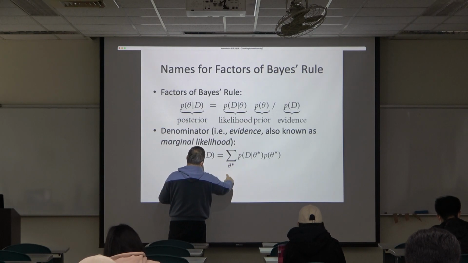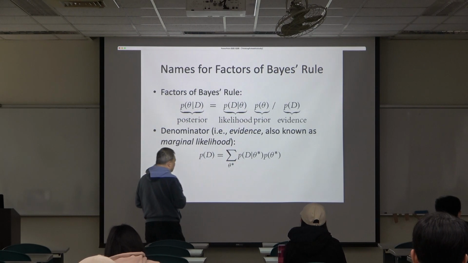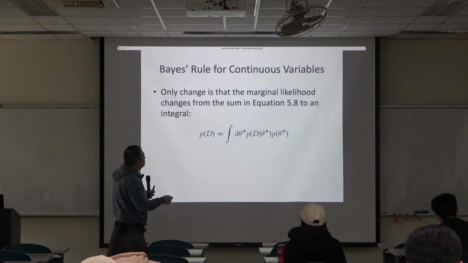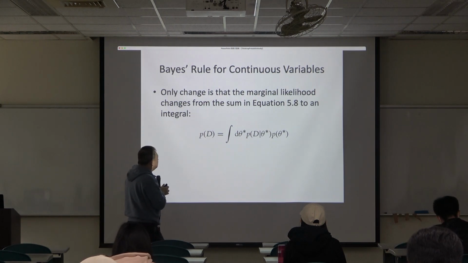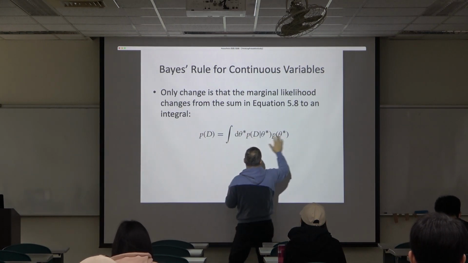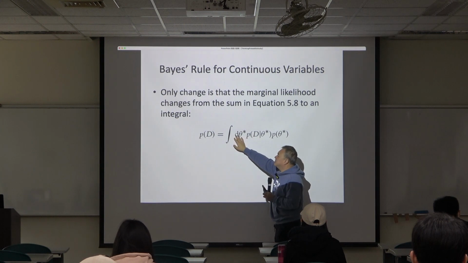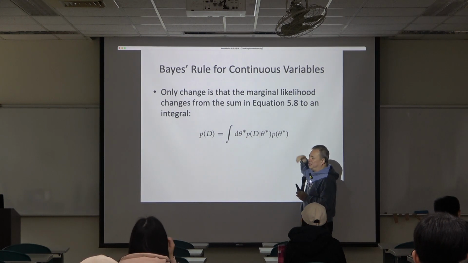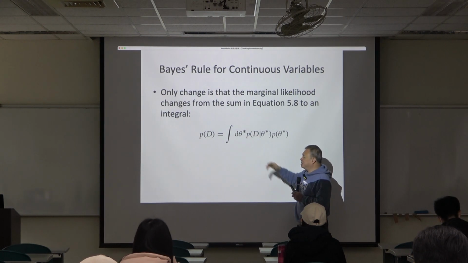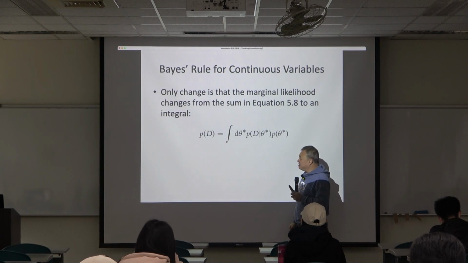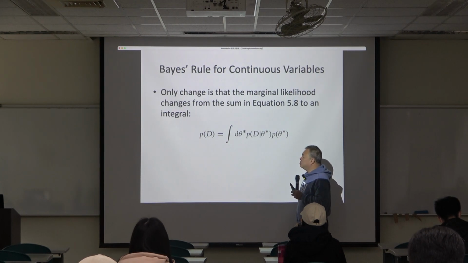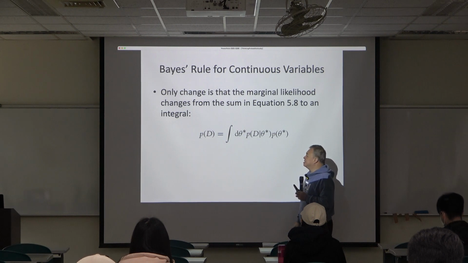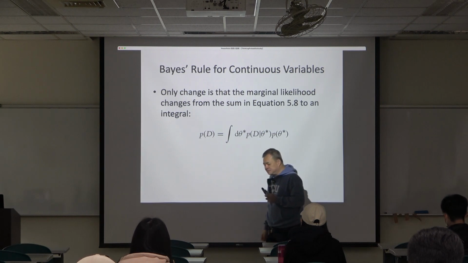You can replace this into the integral, and it's going to be something like this. But of course, this d theta should go to the end of this formula. I again apologize for this sloppy notation, but you get the idea.